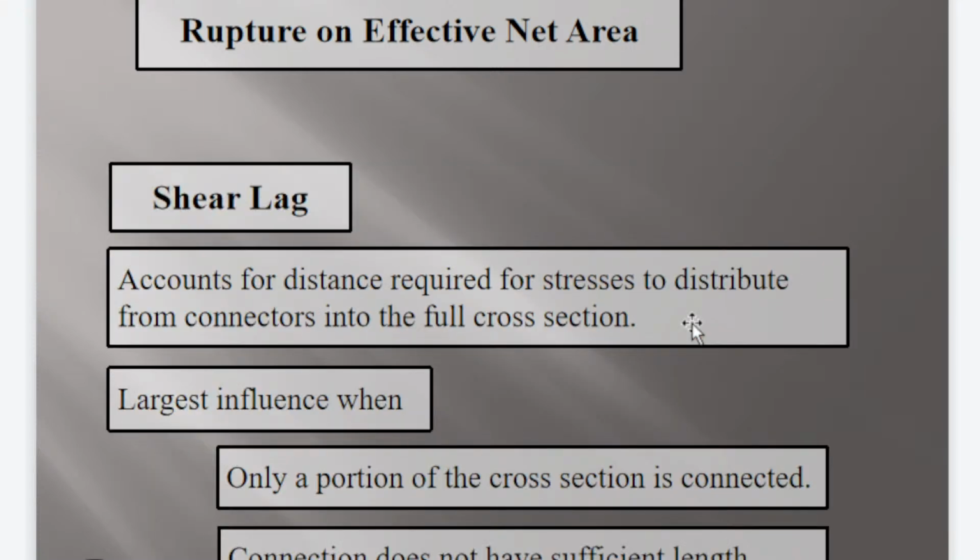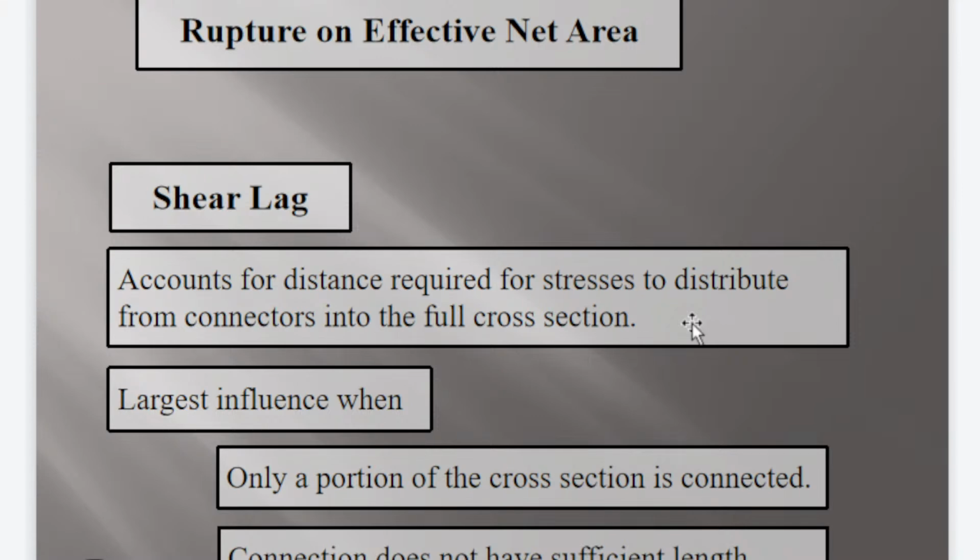Rupture on net area, so shear lag. Shear lag therefore accounts for the distance required for stresses to distribute from connectors into the full cross-section. So there must be a distance wherein the stress will totally distribute throughout the whole section.